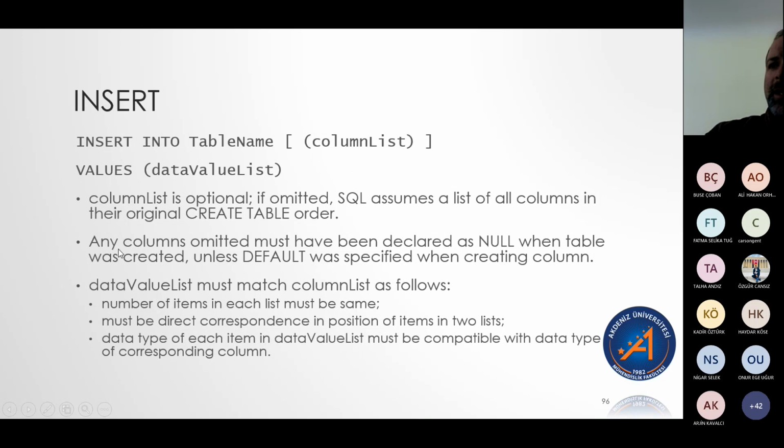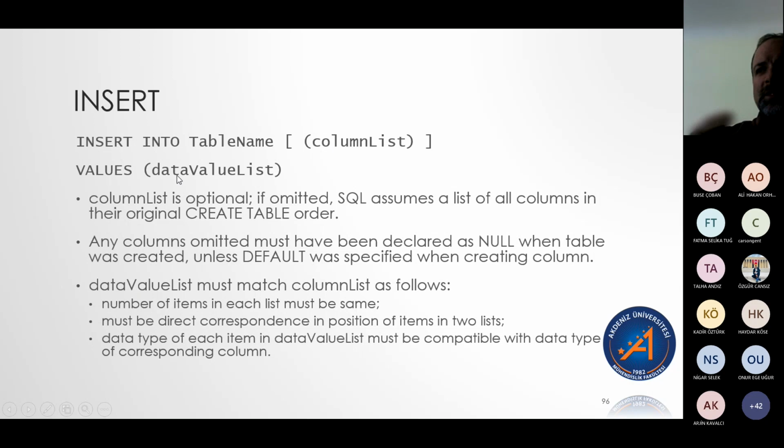Any columns must have been declared as null when the table was created, meaning that it could take a null value, or a default must have been specified. And the data value list must match the column list.